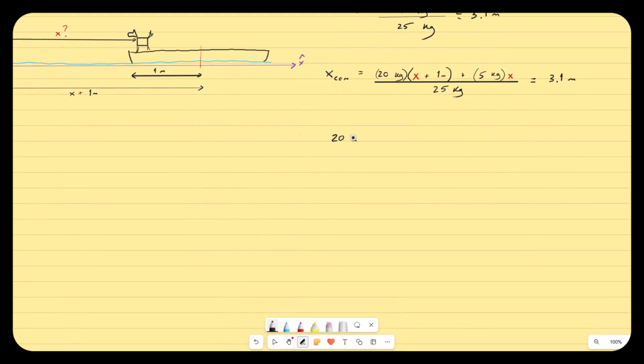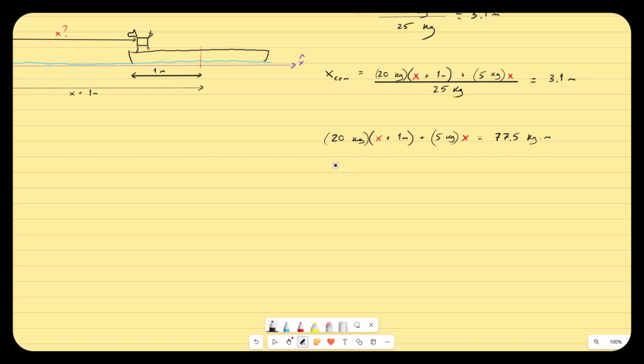I have 20 kilograms times X plus 1, plus 5 kilograms times X. And I'm going to multiply this 25 up. So equals 25 times 3.1, which is 77.5 kilogram meters.